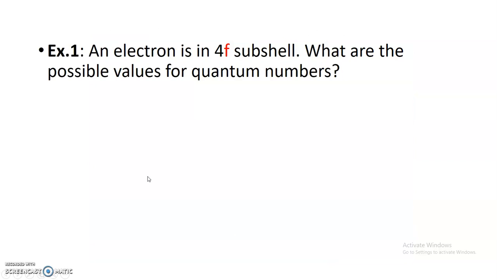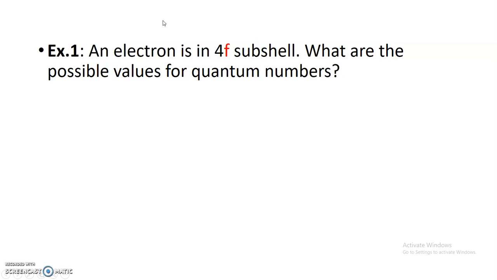As an example, consider an electron in the 4f subshell. What are the possible values of quantum numbers? As the electron is present in the 4f subshell, this number 4 is the principal quantum number, and therefore n is equal to 4. And as it is present in the f subshell, for the f subshell the azimuthal quantum number is 3.